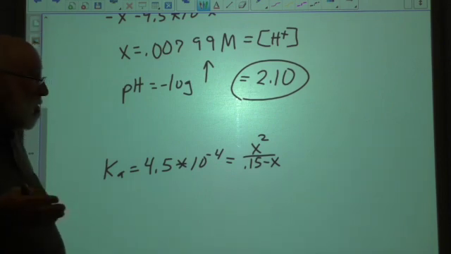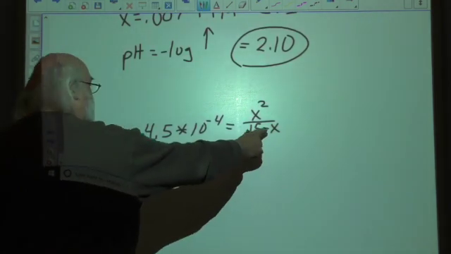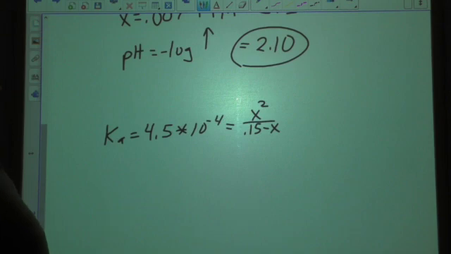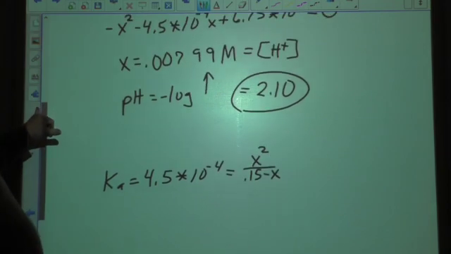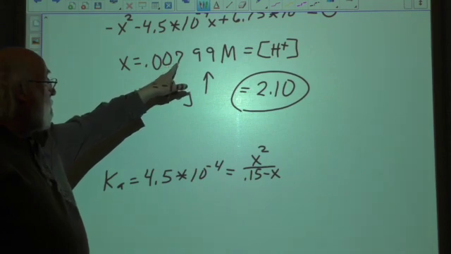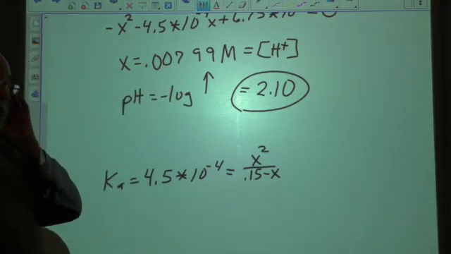And so let's do this and compare what we would have gotten right here. We know that X is going to be extremely small in comparison to the 0.15. In this case, what we said here is that this is 0.008, which is about a 20th.